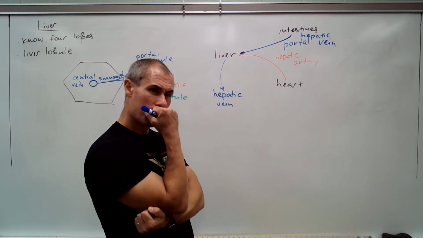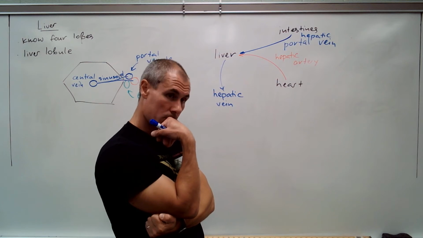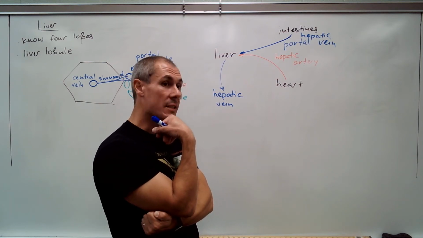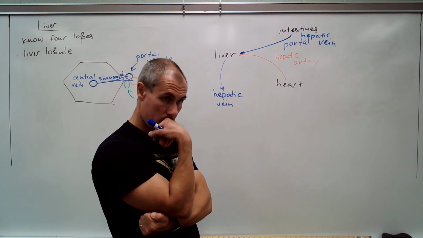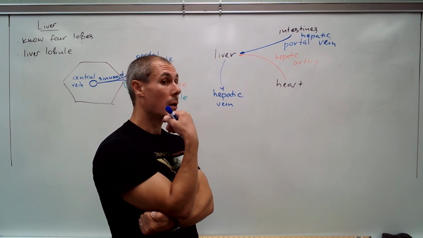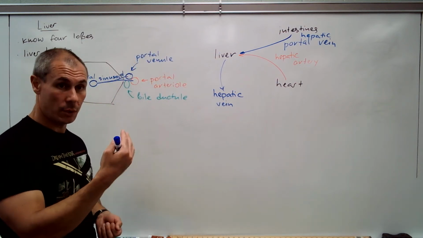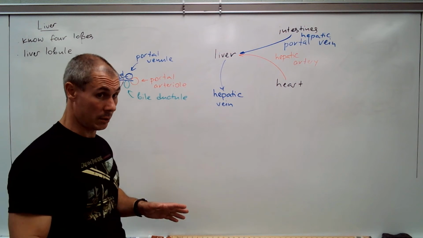If you're mixing the deoxygenated and oxygenated blood in the sinusoid, oxygenation will go down, but it's still going to be sufficient for oxygen diffusion from the blood into the cells. It's going to be fine.